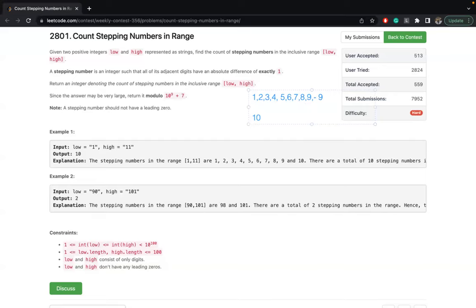And then if you have 1, then you can keep this thing, and other than this you can just write this.